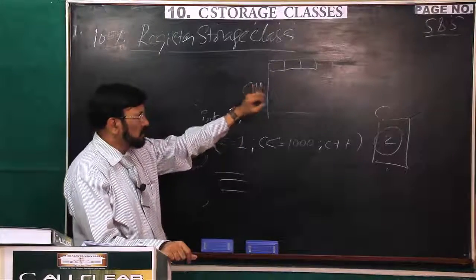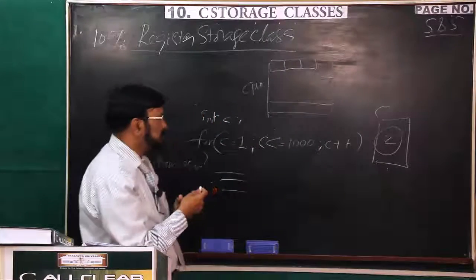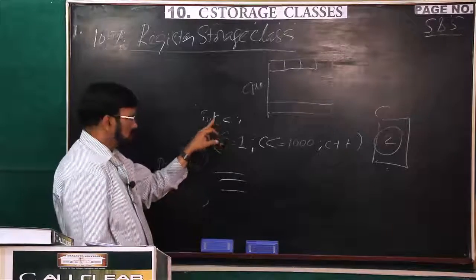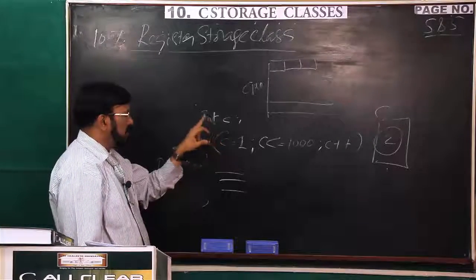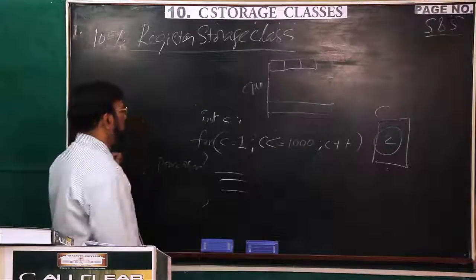In order to reduce overheads, it maintains registers, data registers, instruction registers, etc. Originally, if you declare it normally, it is treated as an auto variable and stored in the RAM. That you know.